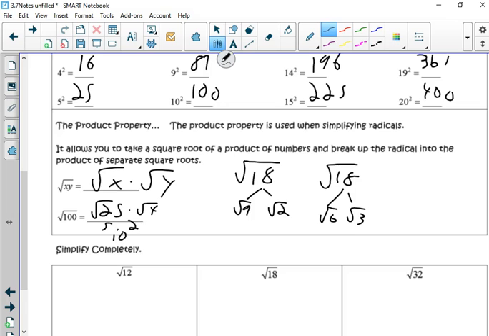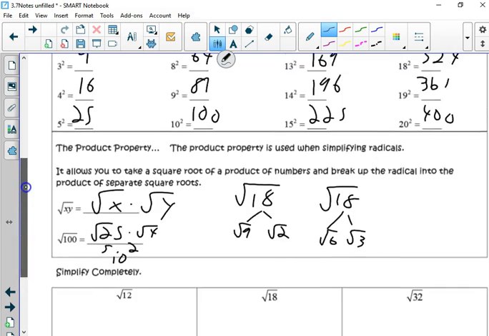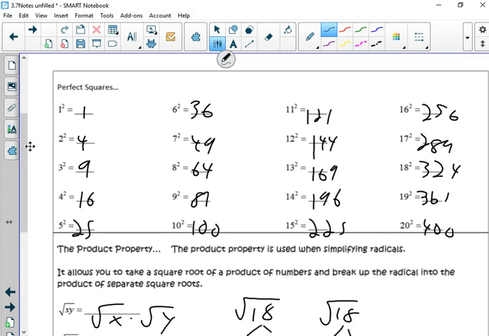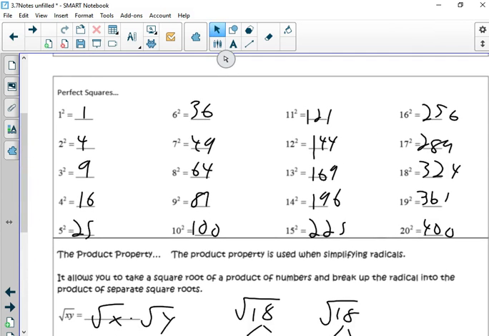Notice I can break it up 2 different ways. 9 and 2, 6 and 3. The 6 and 3 doesn't help me at all. Okay? 6 is not a perfect square. It's not on that list I just gave you. And 3 is not a perfect square. But 9 is, right? 9 is a perfect square.